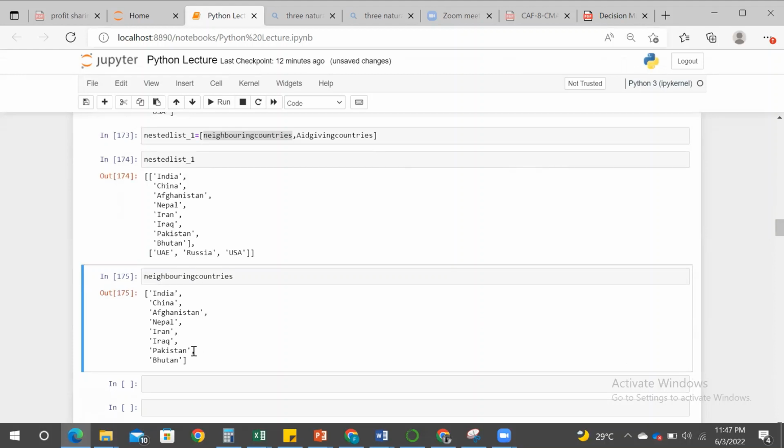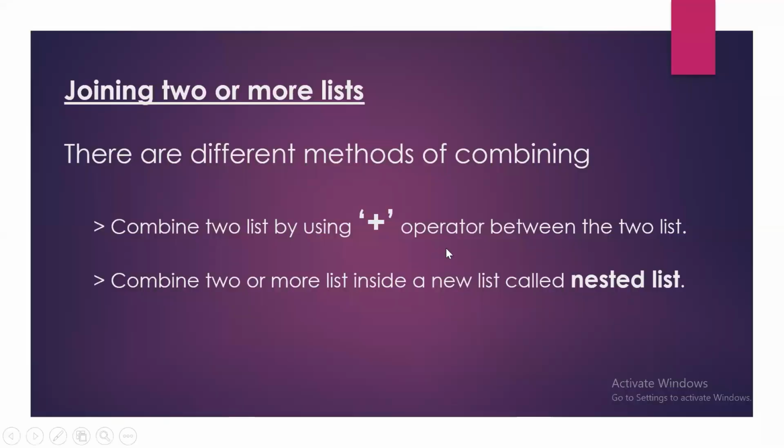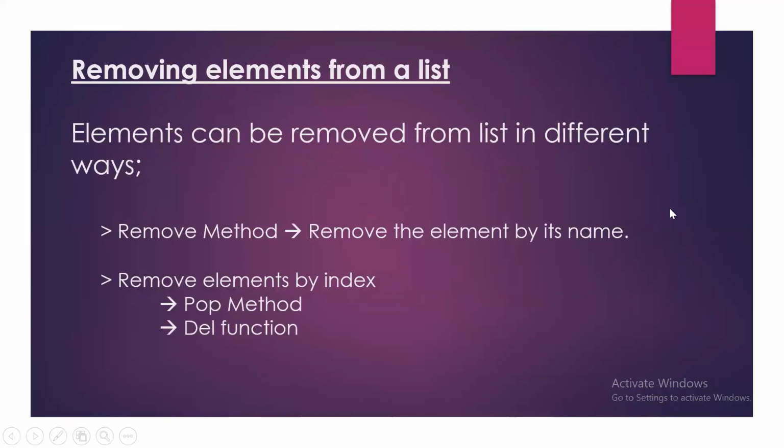And this is the neighboring countries list. And let's say I want to remove Bhutan, which I added just now. So elements can also be removed from the list. And there are different methods to remove an element from the list.